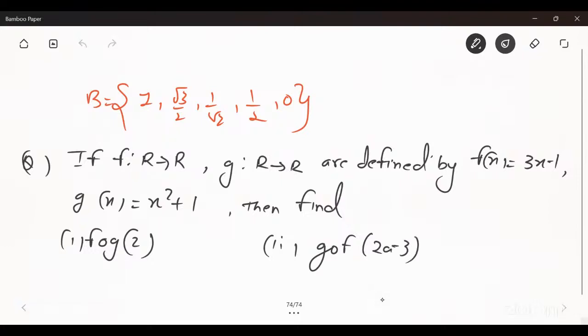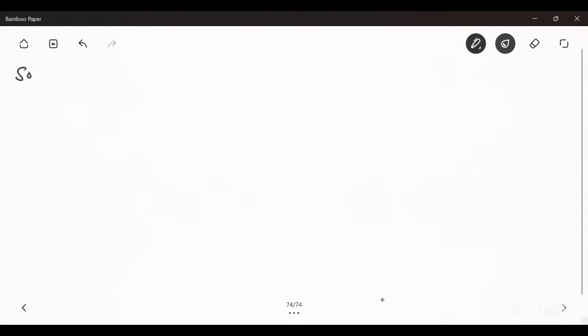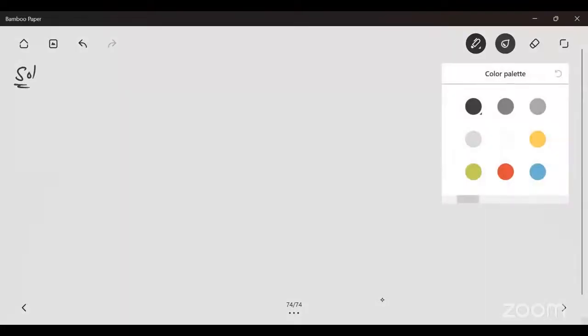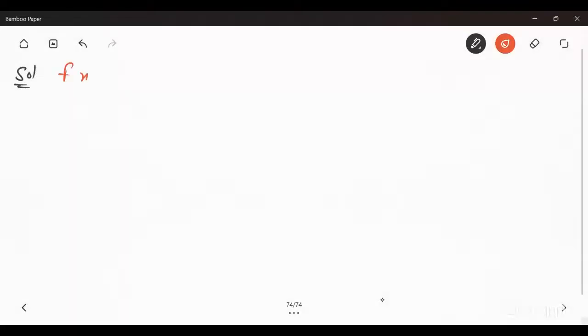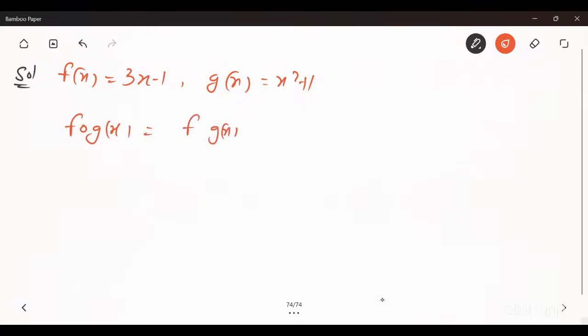Now see the solution. So what is given? It is given that f(x) is equal to 3x minus 1 and g(x) is equal to x square plus 1. Now firstly find f of g(x). f of g(x) means f of g of x.